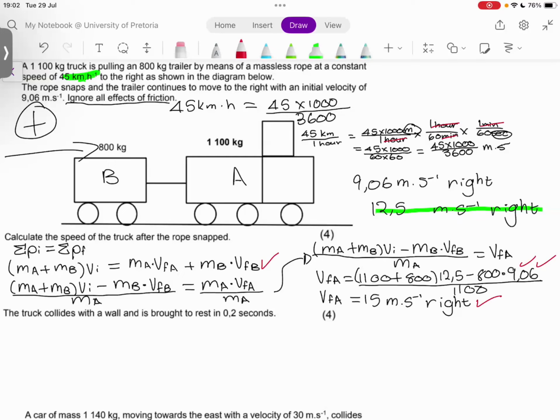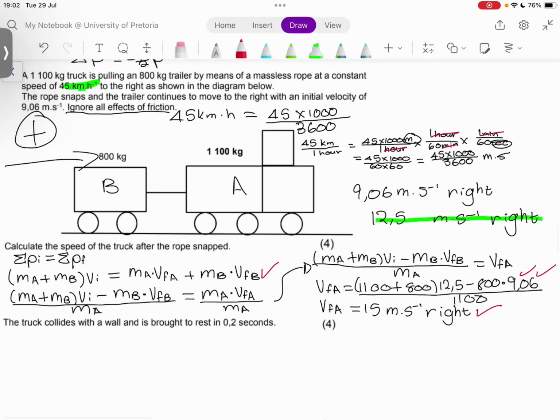I have indicated with B and A in the diagram. Okay, somebody said in chat that there is no VF.